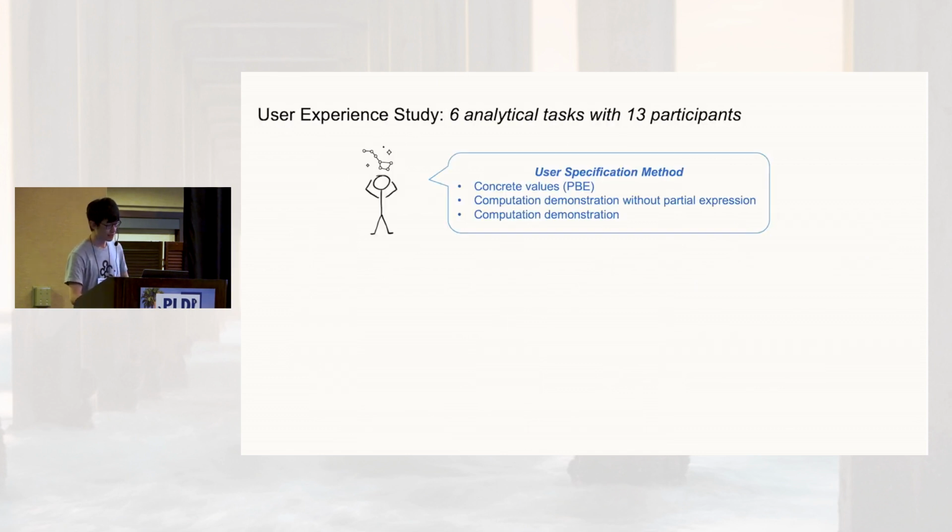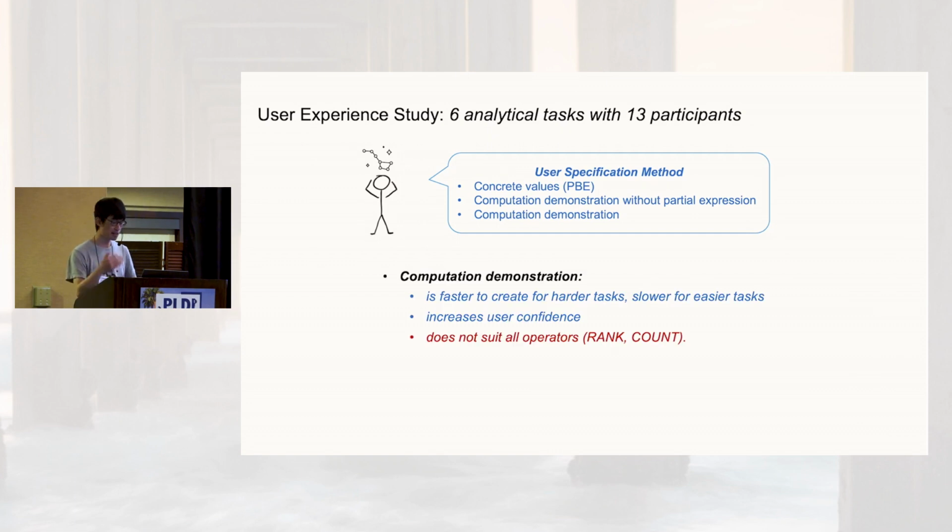And finally, we conducted a user study to learn about user experience with 6 tasks and 13 participants. We compare 3 ways of specification. One is using concrete values. Another is using computation demonstration with partial expression. Another is using a standard demonstration without partial expression. There are several things we learned from the users that are kind of interesting. So first, computation demonstration is typically faster for harder tasks, but for easier tasks, PBE is just straightforward and simple.